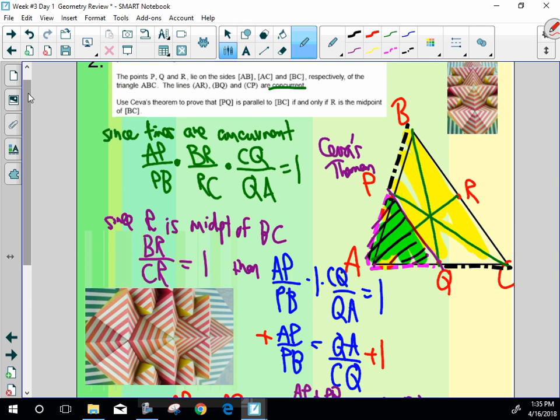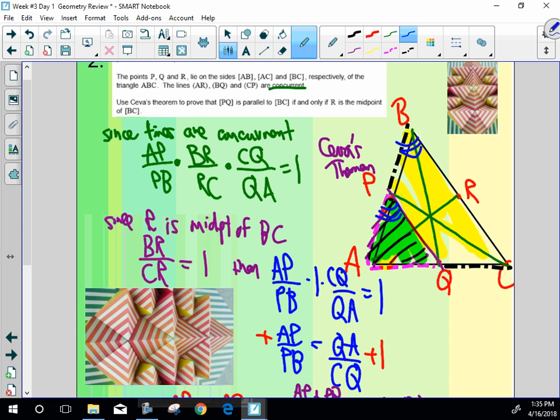If this triangle is similar to this big triangle, can we say that this angle is equal to that angle? Why would I want to do that? Because then they're parallel. You need to say that to make them parallel.